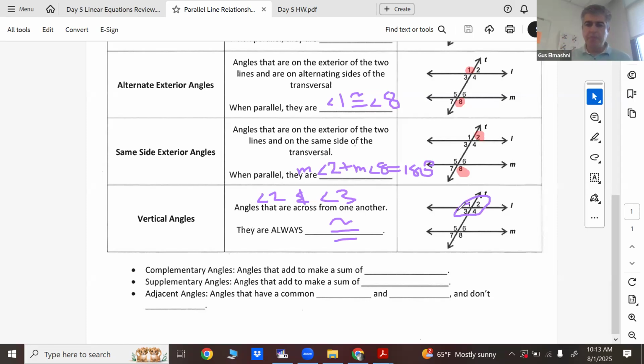Now remember, complementary angles add up to 90 degrees. Supplementary, 180. Adjacent angles have a common side and vertex, and don't engulf each other.